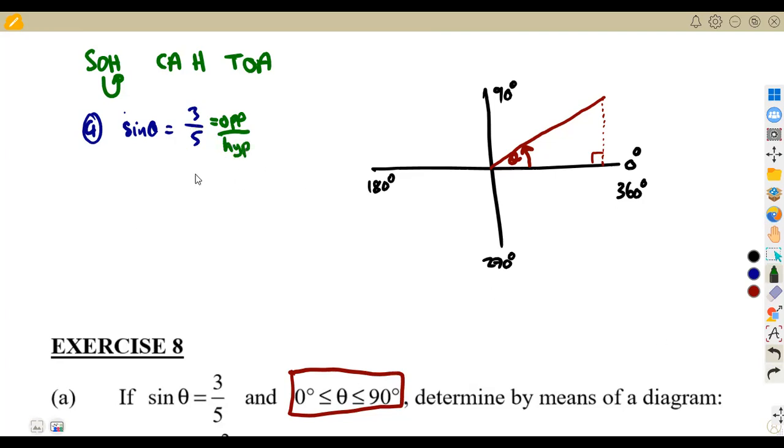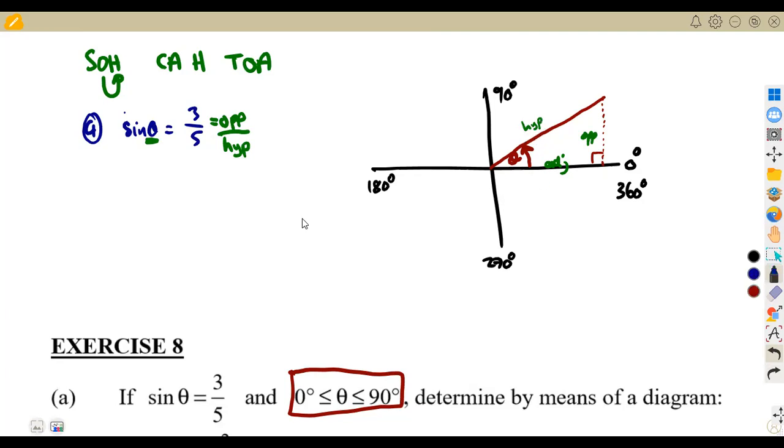So we have got the opposite and the hypotenuse. Let us fill in our diagram according to theta. Remember, theta determines the sides that you are given. So according to this theta, this is our opposite side, this is our adjacent, whereby the hypotenuse does not change in this case, which is our r.